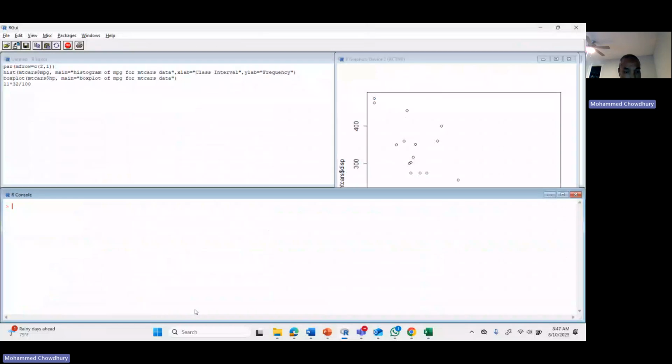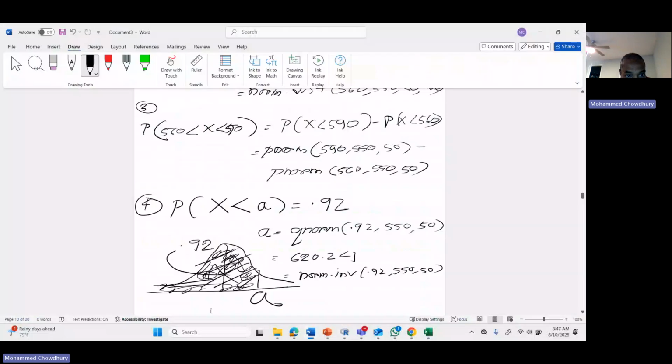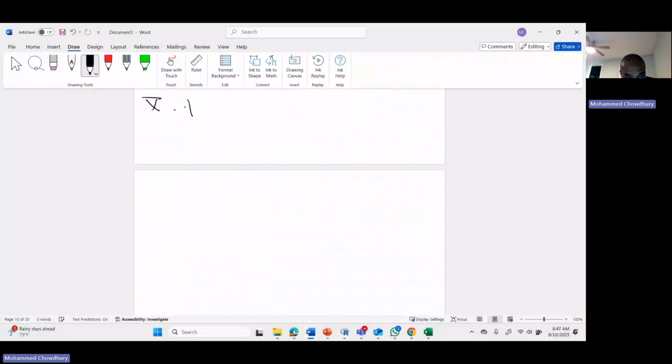Now, finally, I want to solve another sampling distribution problem, that means the X bar problem. Now I am going to solve a sampling distributions problem.